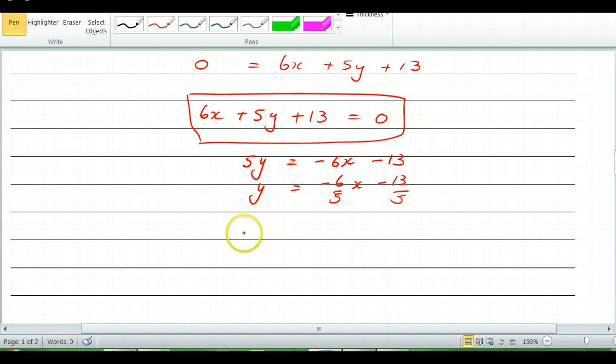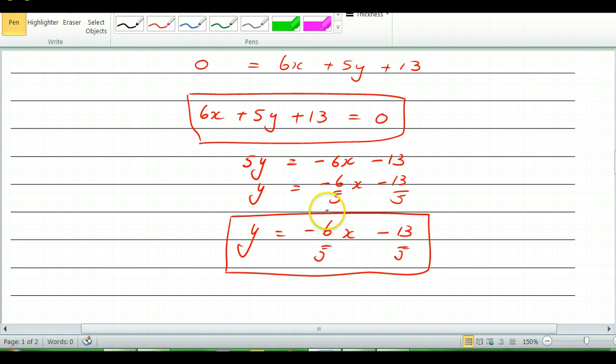So the other form of this straight line is y equals negative 6 on 5 x take 13 on 5. And that's quite a useful form because it tells you what the slope of the line is. The slope of the line is negative 6 on 5, and the y-intercept is negative 13 on 5.